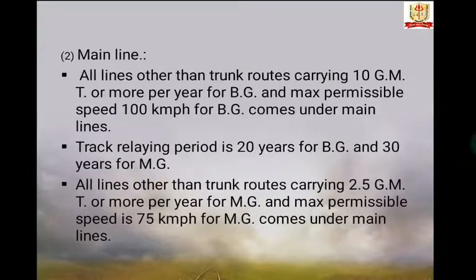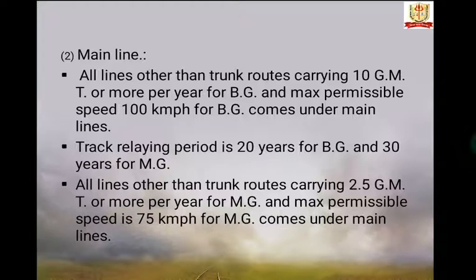Second is main lines. All lines other than trunk routes carrying 10 gross million tonnes or more per year for broad gauge, and maximum permissible speed of 100 km per hour for broad gauge, come under main lines. And all lines other than trunk routes carrying 2.5 gross million tonnes or more per year for meter gauge and maximum permissible speed of 75 km per hour for meter gauge come under main lines.